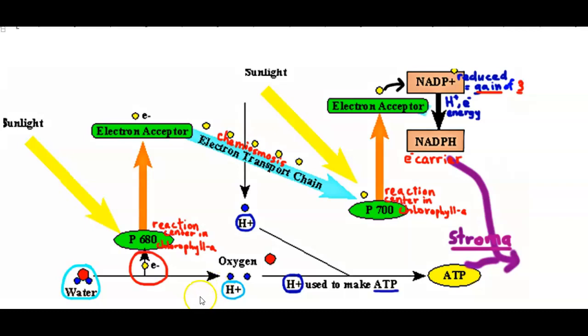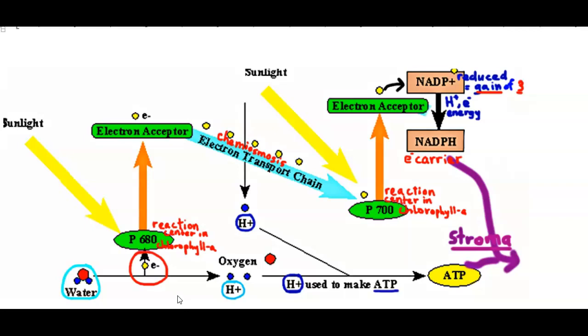Let's follow the electron. The electron goes to P680, reaction center chlorophyll A, P680. All the different pigments are trapping energy and focusing it right onto that electron. The reason that happens is because all the energy is going to get totally focused.